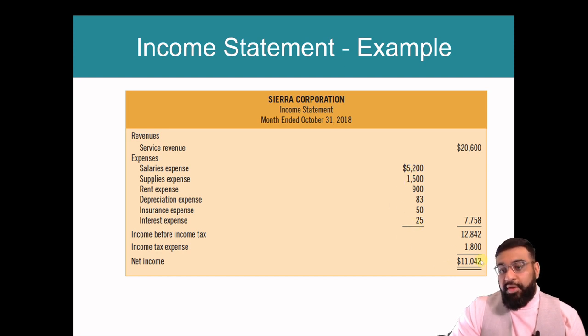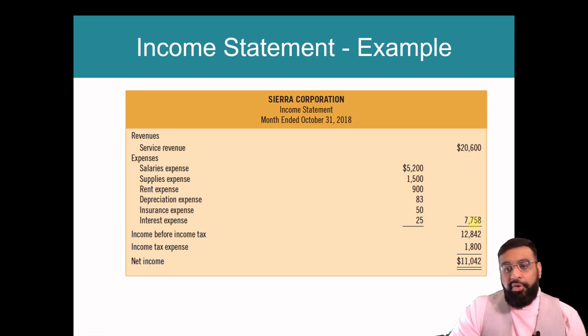However, this over here has a dollar sign because this is a final figure, the main figure that we want. So that's why that has a dollar sign. So overall, the net income of this business is $11,042, which is a good sign. So we're in a net earnings, a positive position.